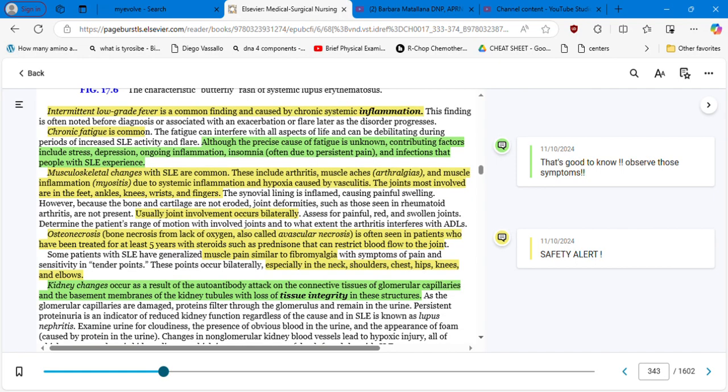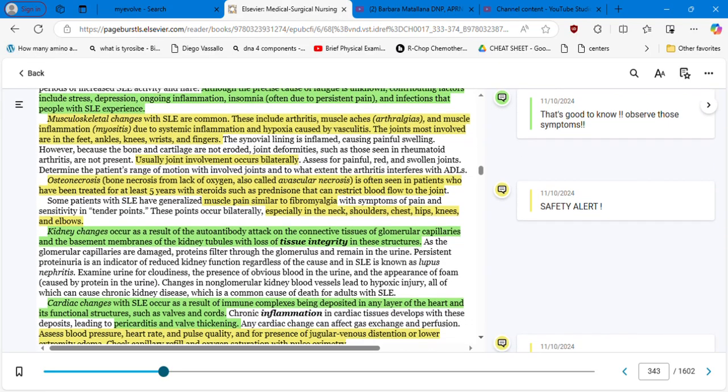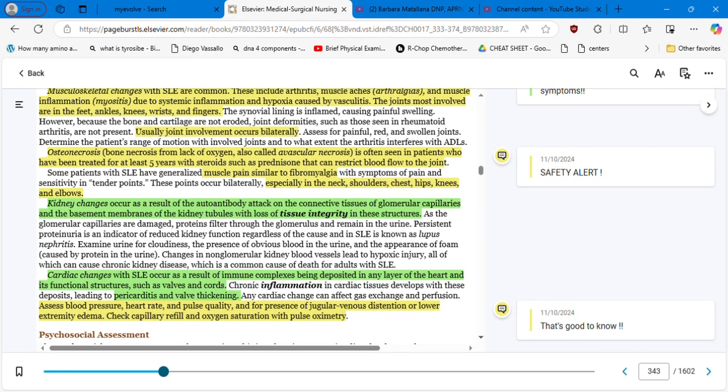So then think about your musculoskeletal changes with SLE are common. Also your arthritis, muscle aches, and muscle inflammation, systemic inflammation, and hypoxia caused by vasculitis. The joints most involved are the feet, the ankles, the knees, the wrists, and fingers. And this is another good point.